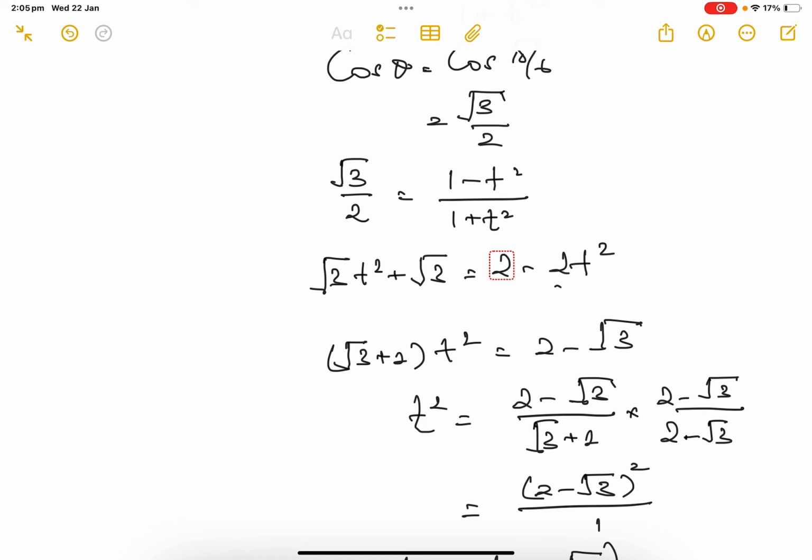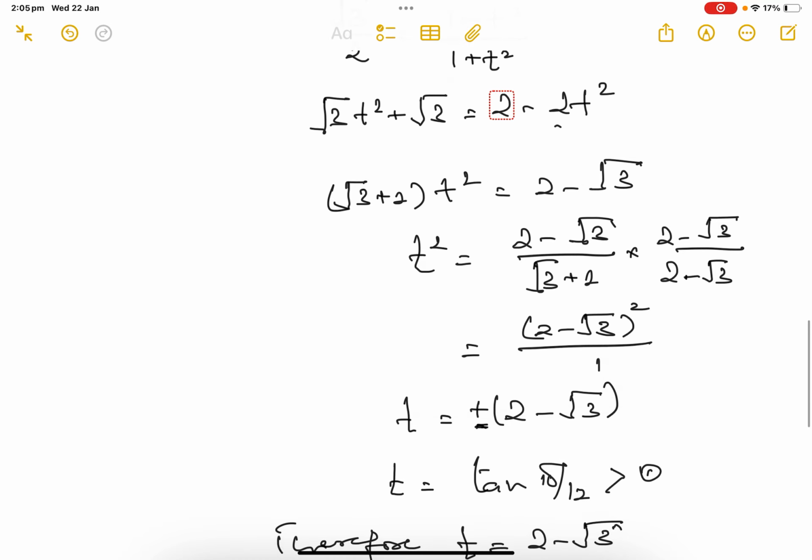And if you take the number to the other side, that's 2 minus root 3. So t squared equals 2 minus root 3 over root 3 plus 2.